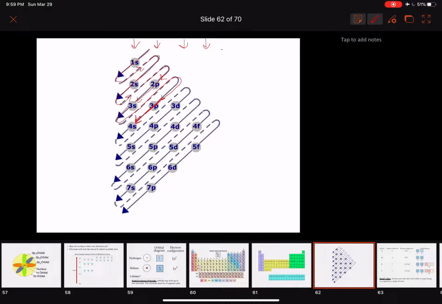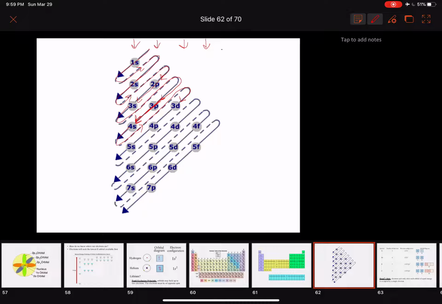And then you don't go to 4p, which would make sense, but you don't. You go back into the 3ds, and you have to fill that one first with 10 electrons before you put the next 6 electrons into the 4p.